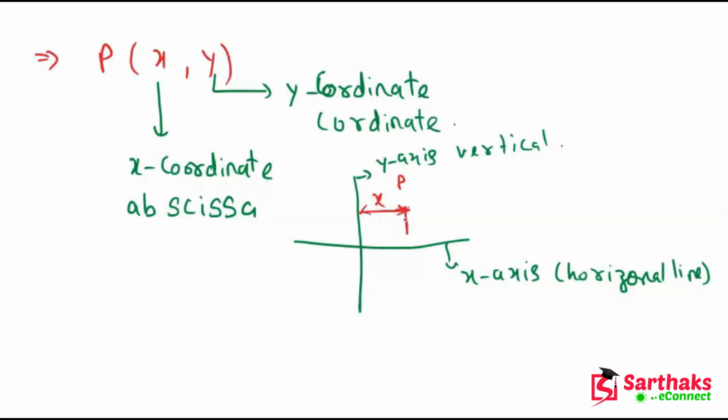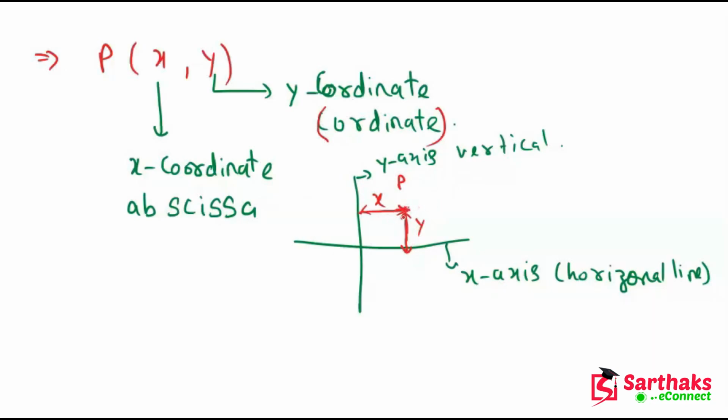And this distance, this is the distance of the point from the x-axis, meaning the vertical distance. So this is the y coordinate, meaning this is the ordinate. Okay my dear friends, I hope you get this point.